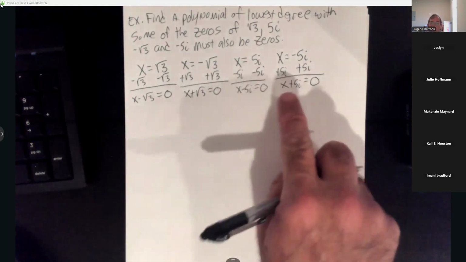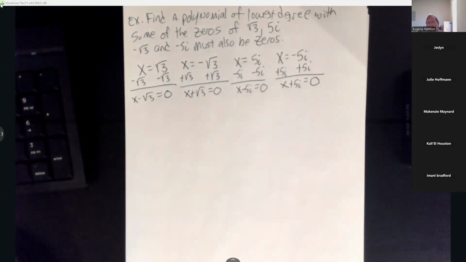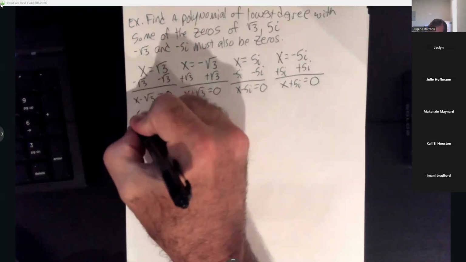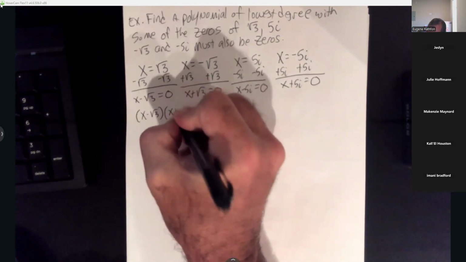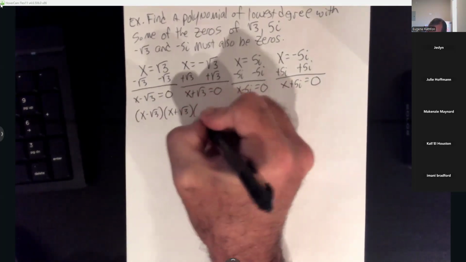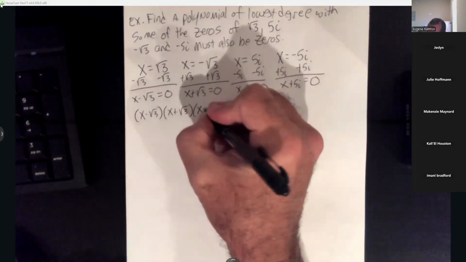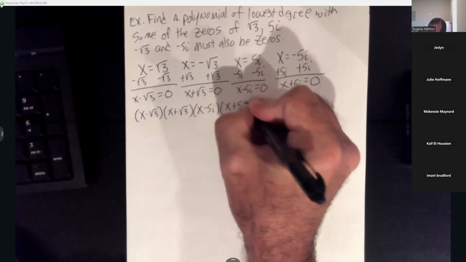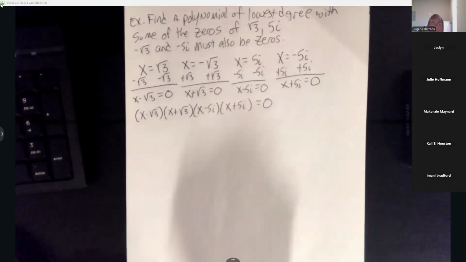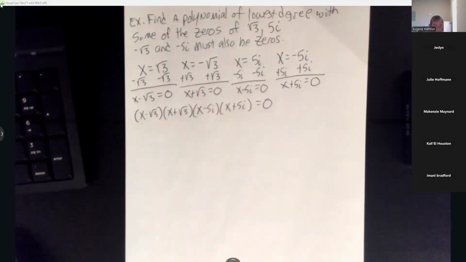I got all these equations. I'm going to set them all inside the parentheses now.